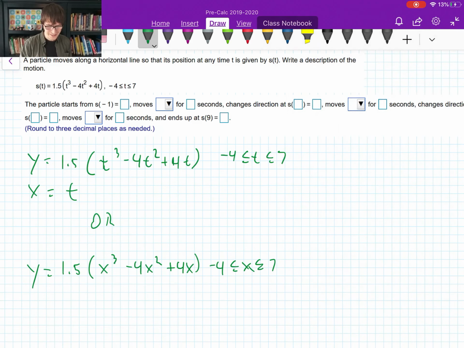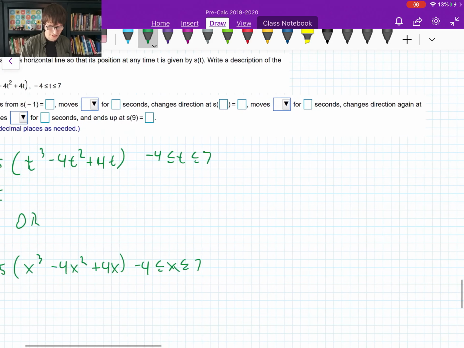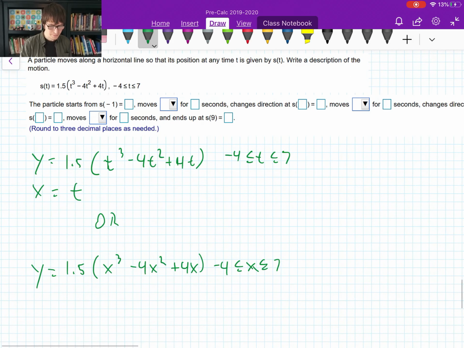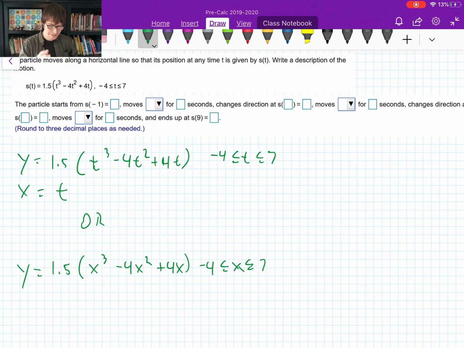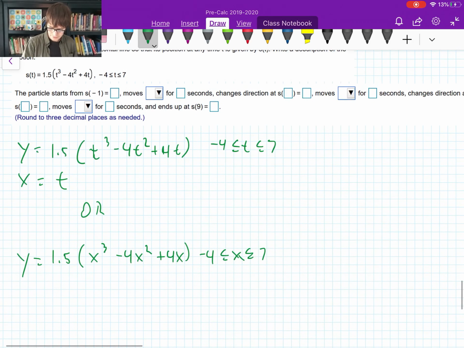But it's saying write a description of the motion, and it gives us a bunch of blanks it wants us to fill out. Okay, the particle starts from s of -1, so t equals -1. That's what it's saying. So let's look at that.